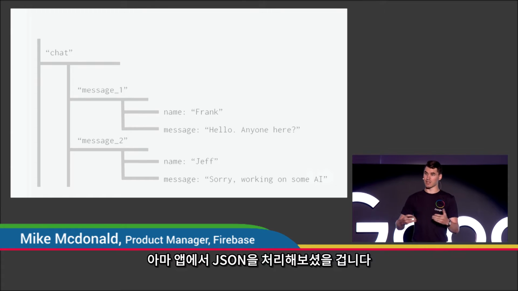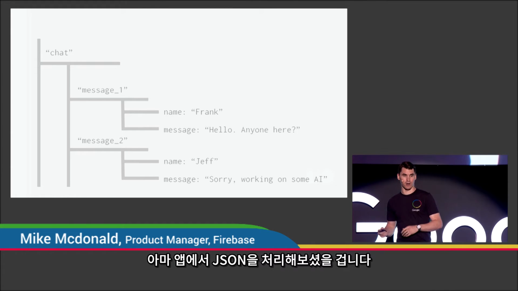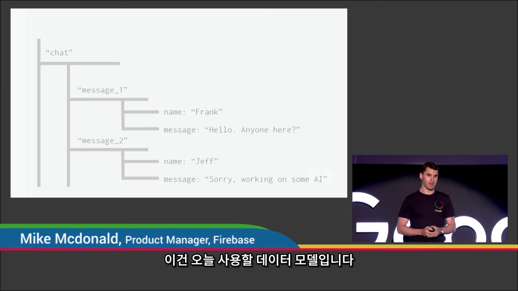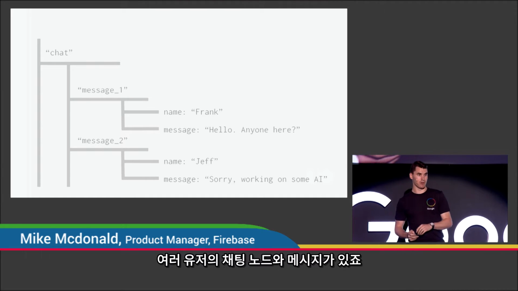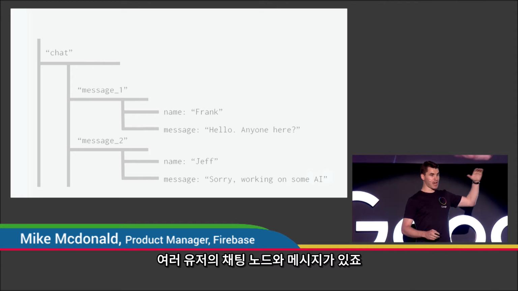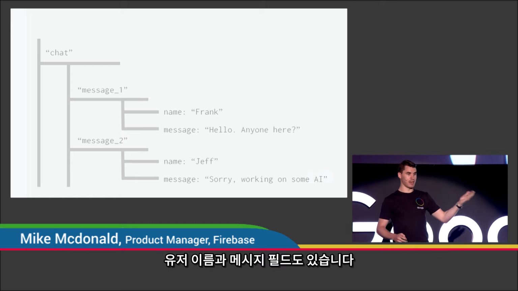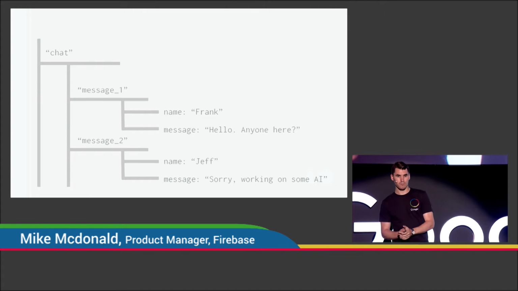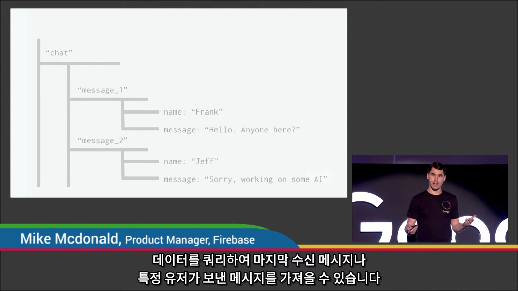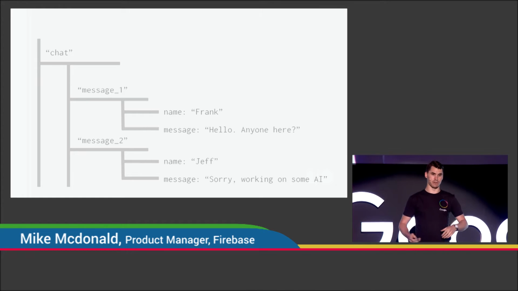Your application has probably dealt with REST and JSON before. So here's a data model that we'll use in our app today. You can see we have a chat node and several messages from different users that have a name and a message field. You can also query this data to get the last several messages or only messages by a particular user.